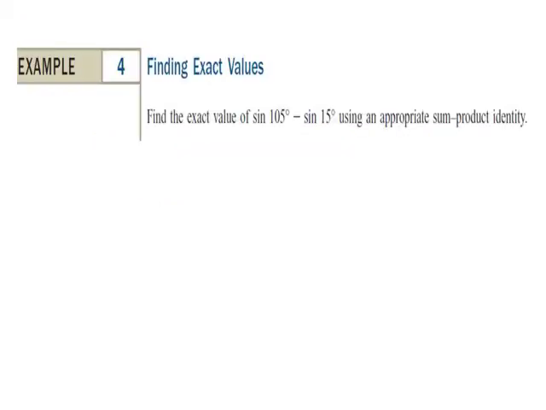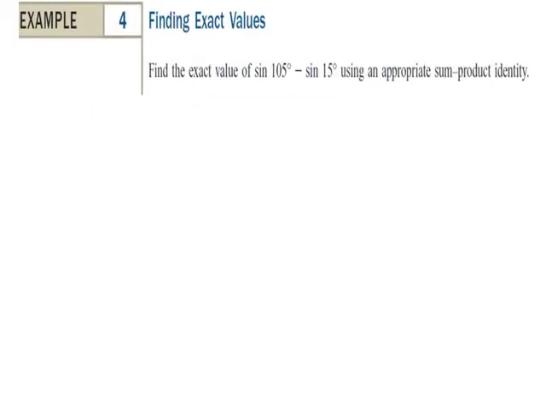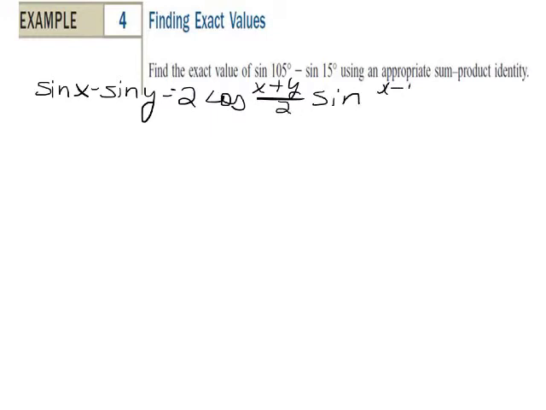All right, now we're going to try this one here where we're going to find the exact value. We're going to do the exact same thing as what we did before. So we're going to use the identity sine x minus sine y is equal to 2 cosine of x plus y over 2 sine of x minus y over 2. But we're going to replace it with the sine of 105 degrees minus the sine of 15 degrees.